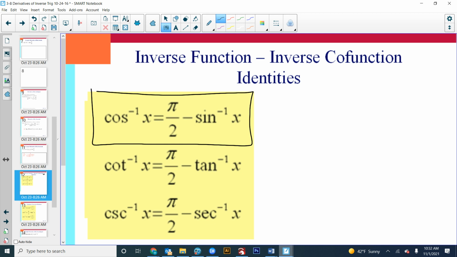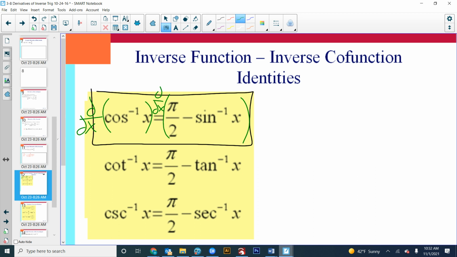Are you ready? It's time for calculus. What happens if I take the derivative of both sides? Well, if I take the derivative of the left side, that's what I want. I want the derivative of cosine inverse. We don't have that written down in our notes yet, do we? I want that. So, do you agree we can take the derivative of this side as well? What's the derivative of pi over 2? 0.